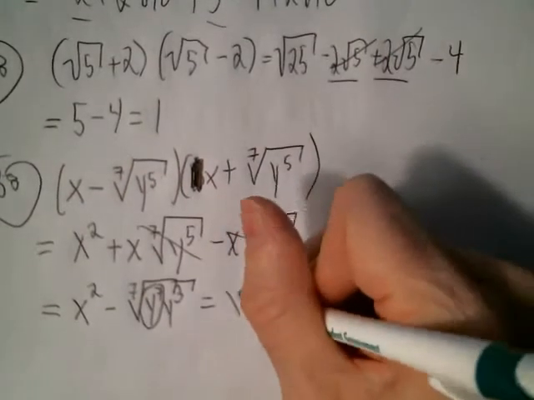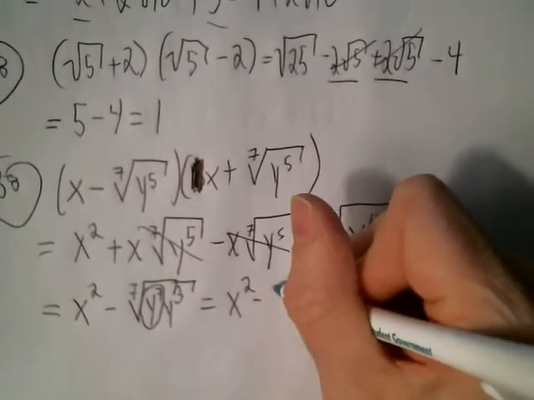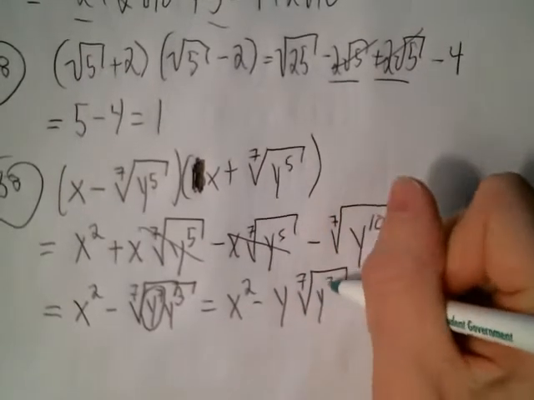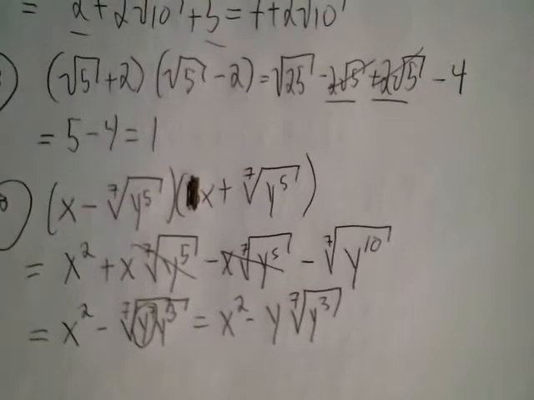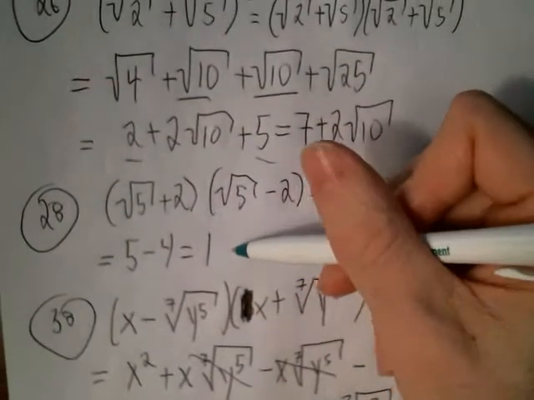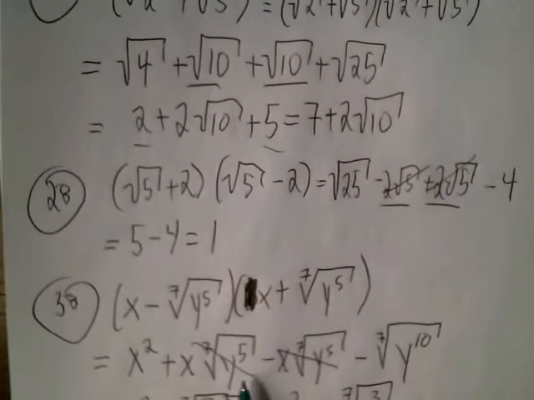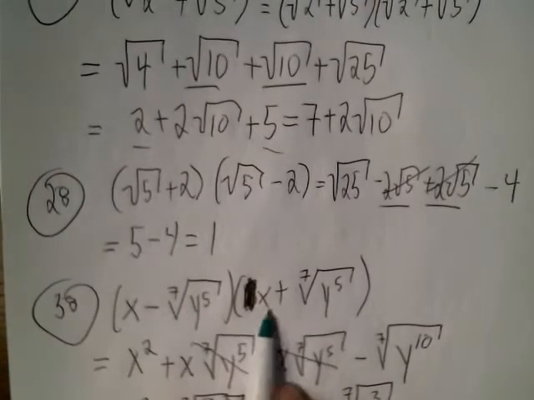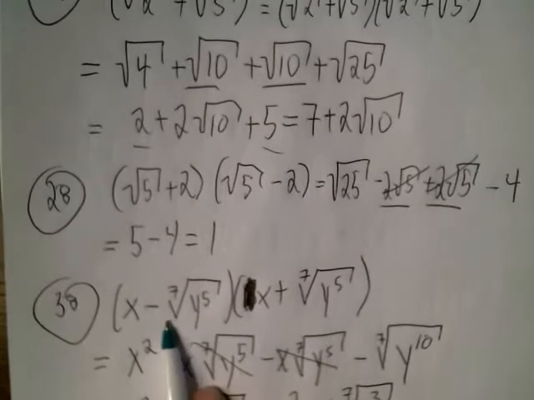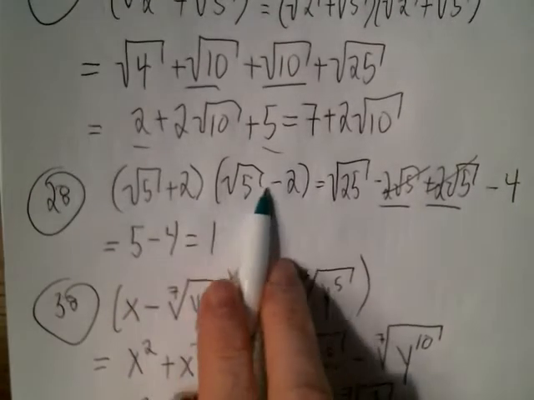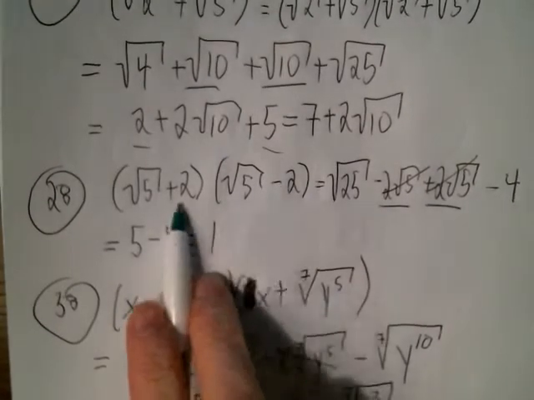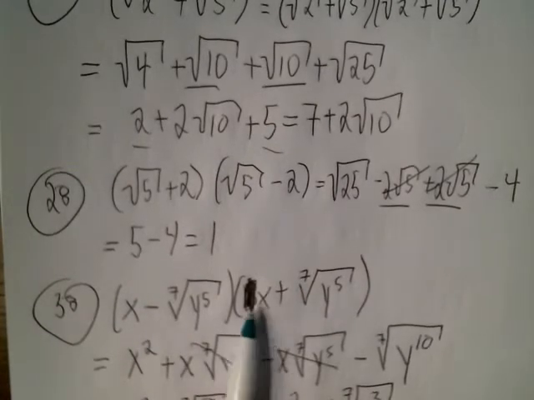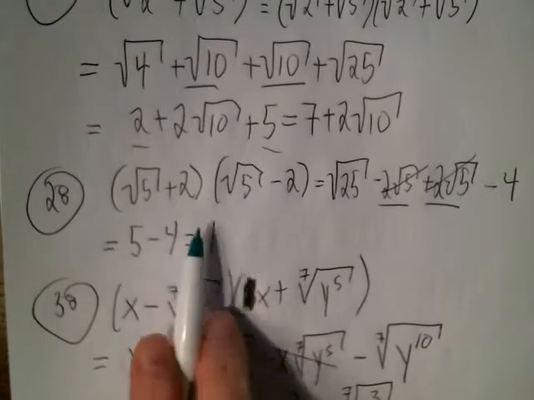So I'd have x squared minus y, and then times the 7th root of y cubed. So yeah, unlike number 28, where we got rid of the roots by multiplying this times the same thing but with an opposite sign. See how that worked? I did an opposite sign. It's called a conjugate. Okay. So apparently there's not the same idea of conjugates here as there are here.